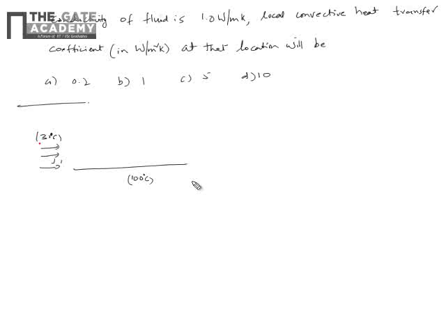So the steady state temperature distribution would be: the fluid near the plate will be almost at the plate temperature of 100 degrees Celsius, and as you move away in the normal direction, the temperature will decrease and finally reach the free stream temperature, 30. It will be something like this. So this will be the temperature profile.